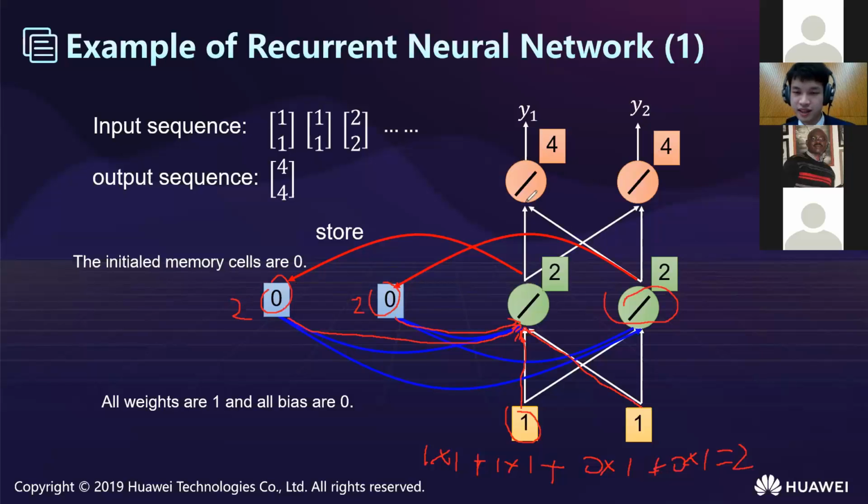And then we need to calculate the output of the recurrent neural network. So we use 2 multiply this weight, so 2 multiply 1, add 2 multiply 1, and it equals 4, right?